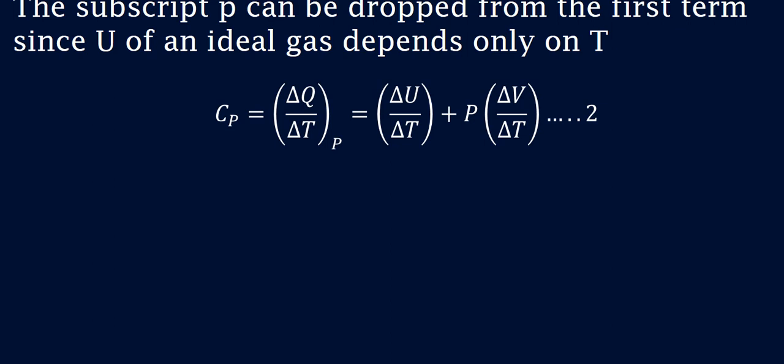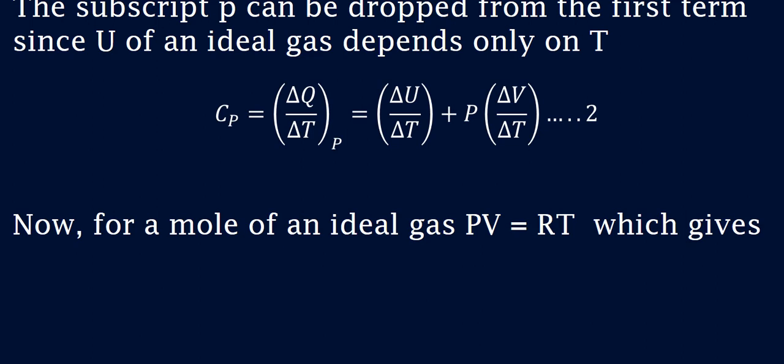Therefore, Cp is equal to delta Q upon delta T, equal to delta U upon delta T plus P into delta V upon delta T. Let's call it equation 2.